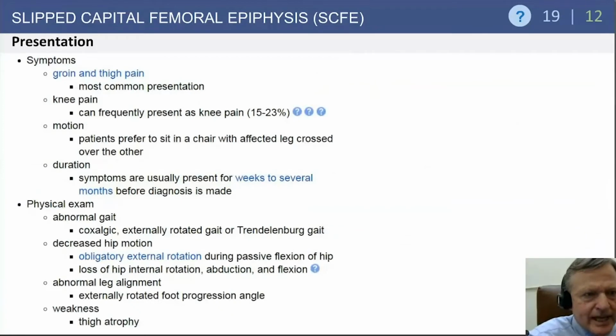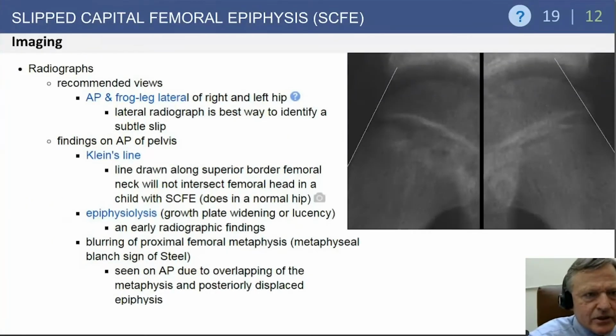Groin and thigh pain, symptoms have been present for weeks to several months, often before the diagnosis is made, and the patient presents with obligatory external rotation. So what you lose in SCFE is hip internal rotation, abduction, and flexion. If you remember that, I think you can get most of those questions.